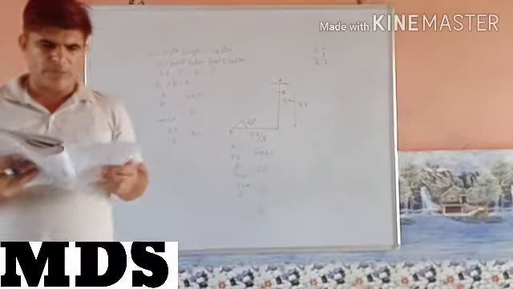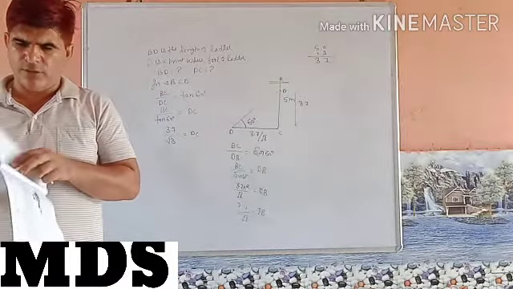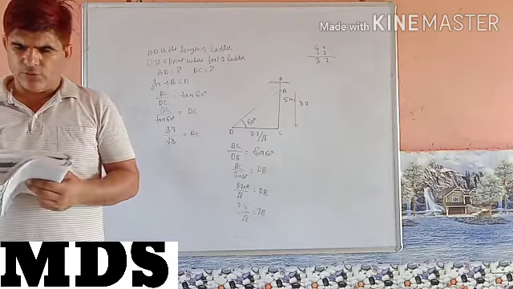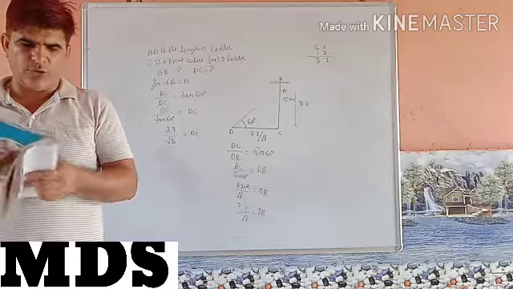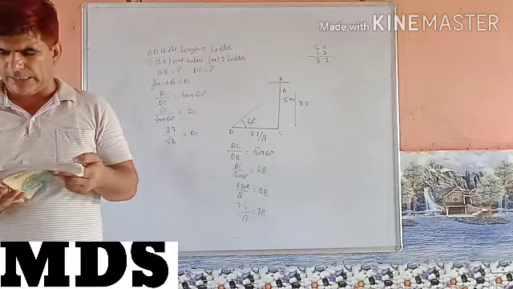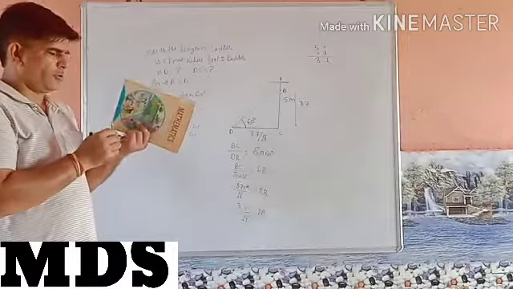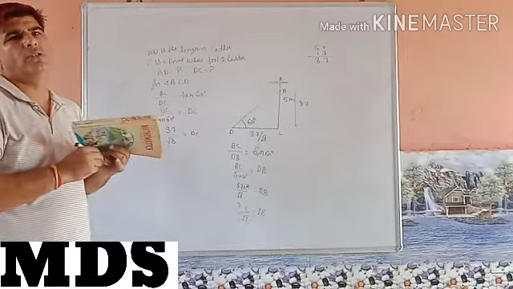So remaining example number 3, 4, 5, try to solve. Tomorrow you can try to solve all these examples. If any problem, we will discuss, and I will send one assignment also related to chapter number 8, that also solve.